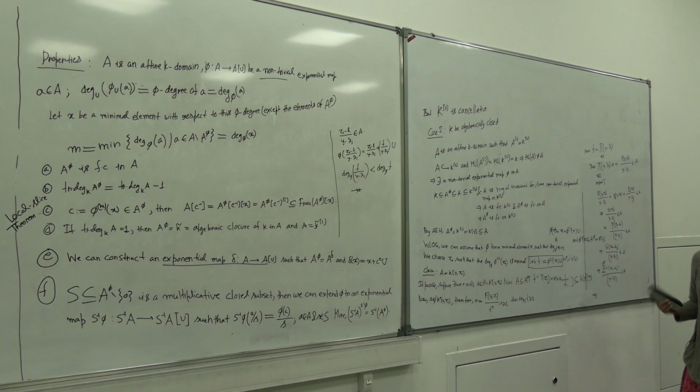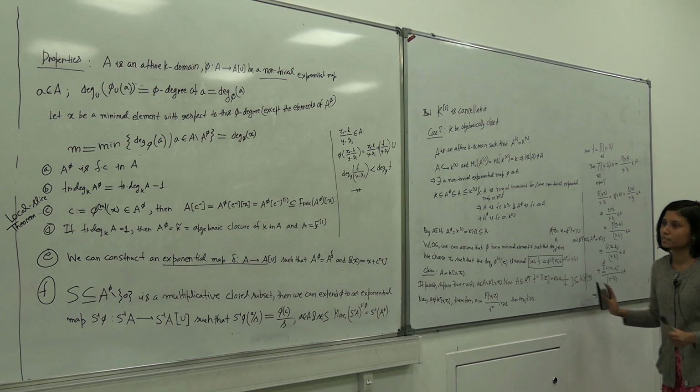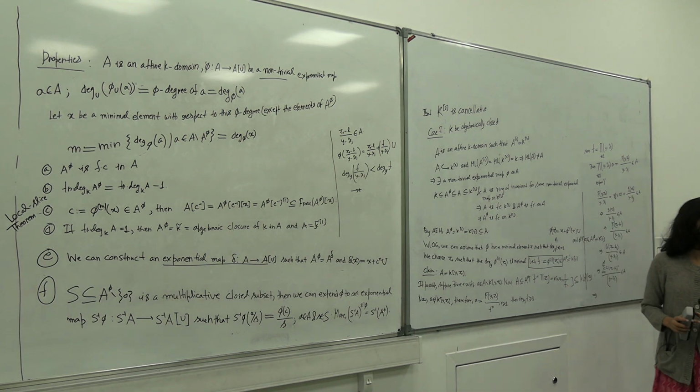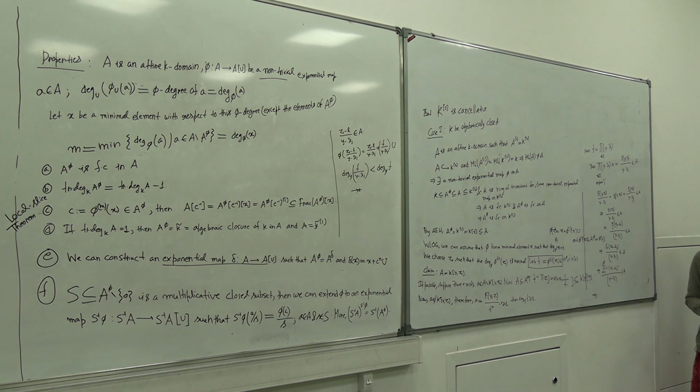Okay, so now the next case. It gives us quite an explicit proof of the cancellation problem in dimension 2, but modulo this difficult result of Abhyankar, Moh and Suzuki, Abhyankar, Eakin and Heinzer, and here we have used some result. So this is a complete proof of the cancellation problem for two generators, in dimension 2, but modulo this result.